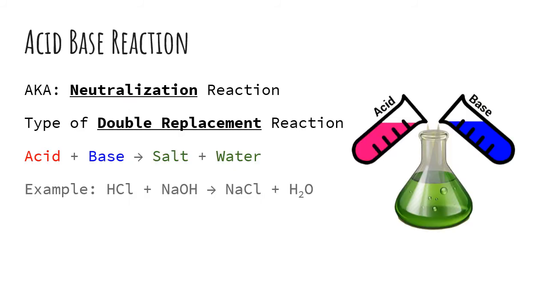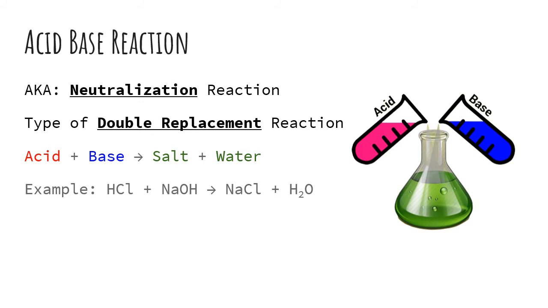So now let's talk about what happens when we put an acid and a base together. This is also referred to as a neutralization reaction because we're taking something acidic, pH less than 7, we're adding it to something basic, which has a pH greater than 7, and in the end we end up with something neutral. This is a special type of neutralization reaction.